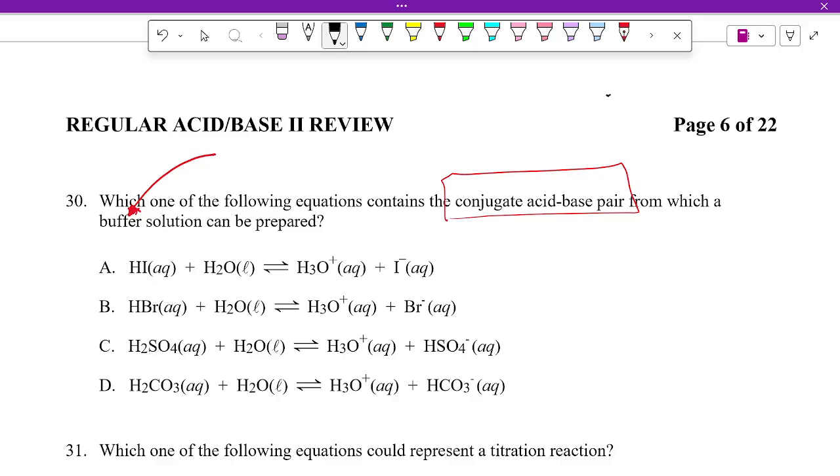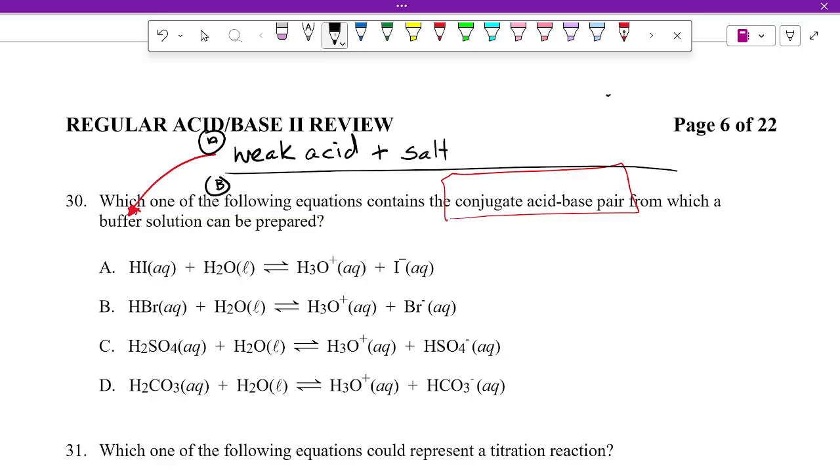In order to make a buffer, what's one thing you need? You need a weak what? Acid. So this is your option A. This is option B. You need a weak acid plus what? The salt of its conjugate base.